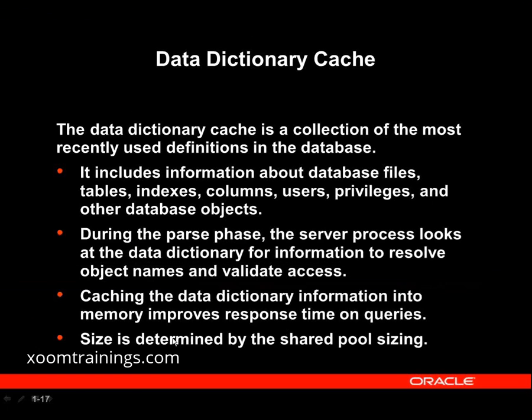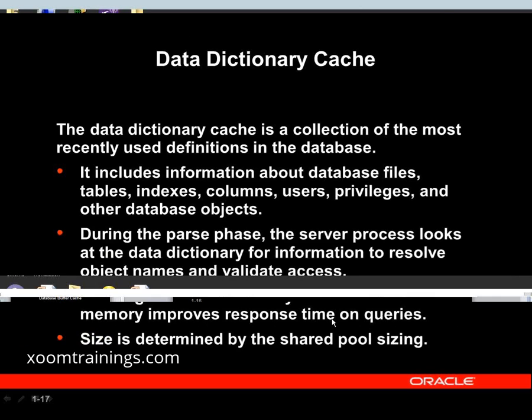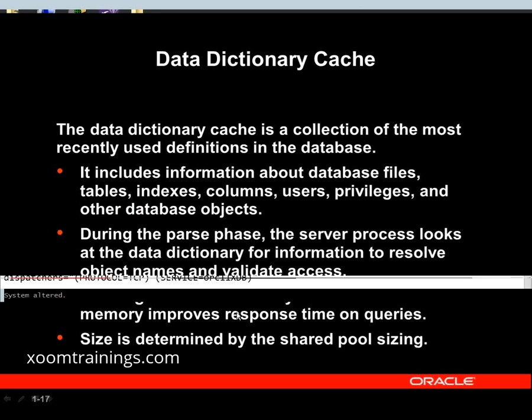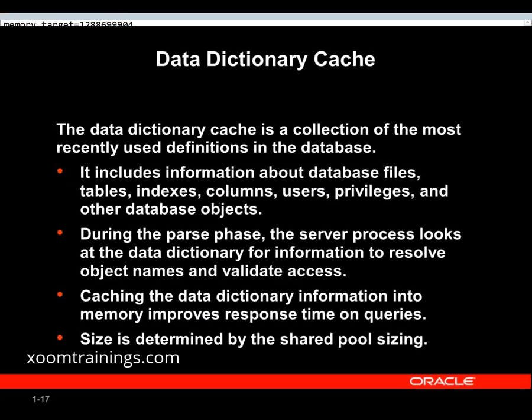Caching the data dictionary information in memory improves response time on queries. This data dictionary cache is also managed by LRU. The rights are stored in the data dictionary cache.